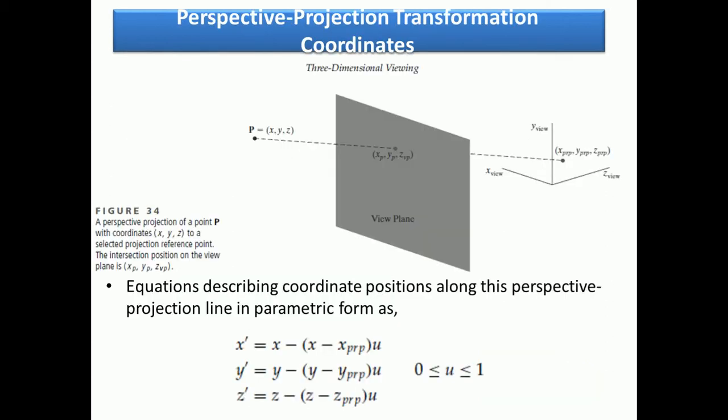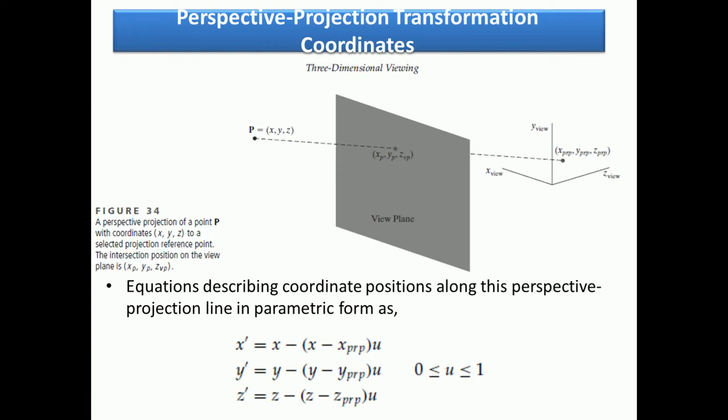Then the next important concept is perspective projection transformation coordinates. Sometimes we can select the projection reference point as another viewing parameter in a graphics package, but some systems will place this convergence point at a fixed position, such as at the viewpoint.